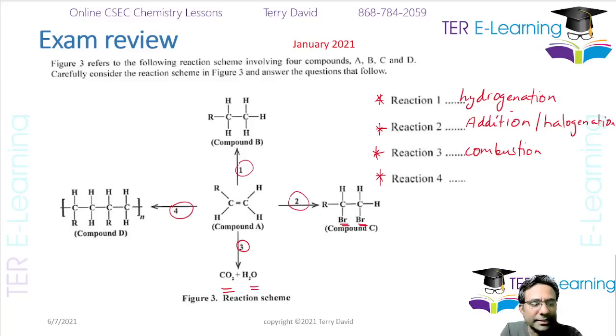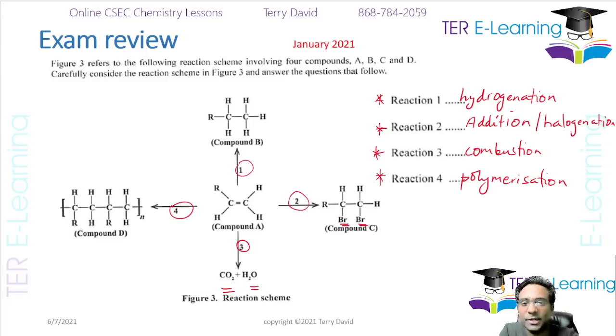Alright, so I see you all putting polymerization. So reaction 4 is a polymerization reaction. Notice I spelled the word with an S. CXC keeps interchanging between S and Z. S is the British spelling, Z is American spelling. We follow British, so it's S, but CXC uses it interchangeably.